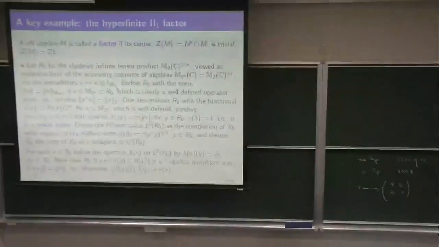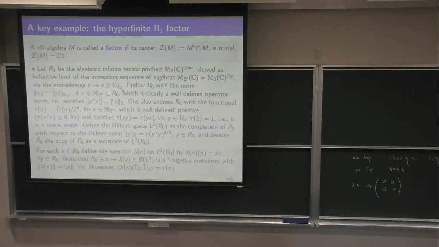And we'll endow R0 with the norm. Now, each x is in some 2 to the n matrix algebra, and you just take its operator norm there. And obviously these embeddings are isometric, so if you pick a larger n where x lies, it will be the same operator norm.